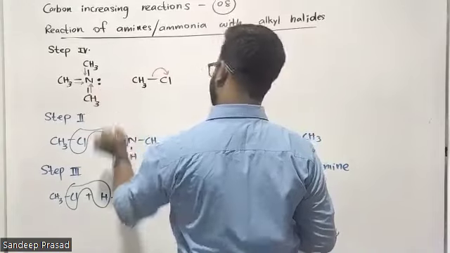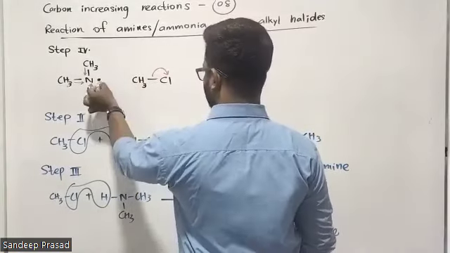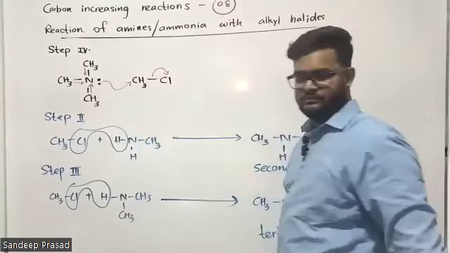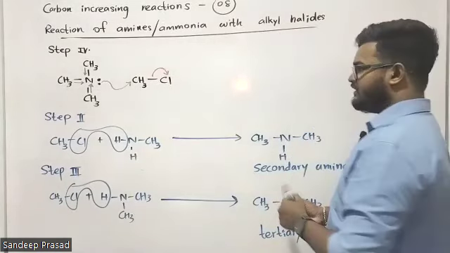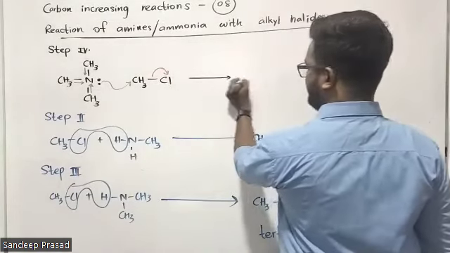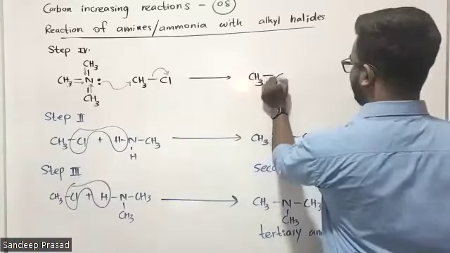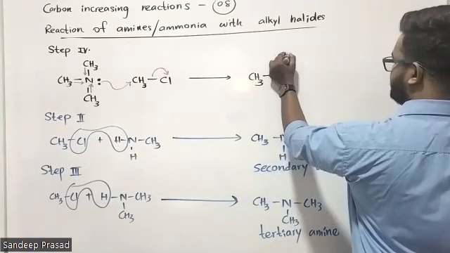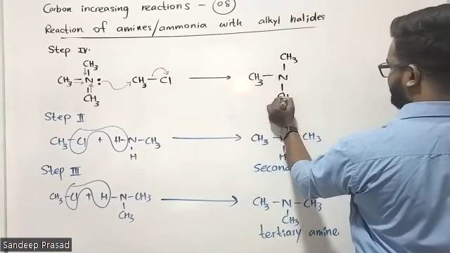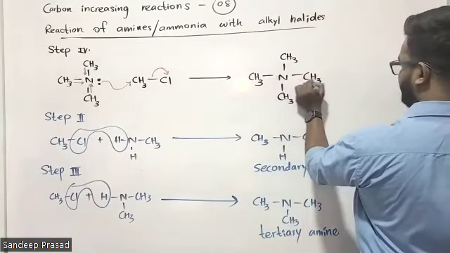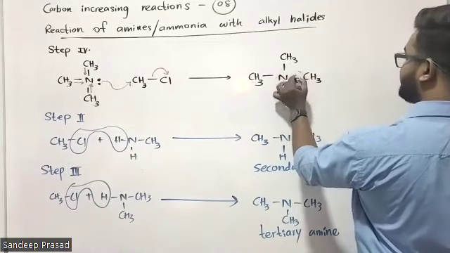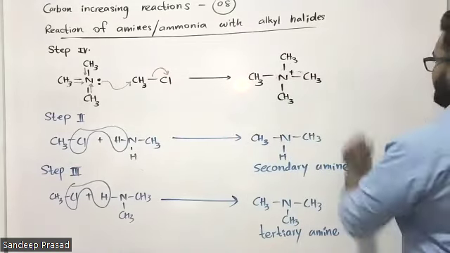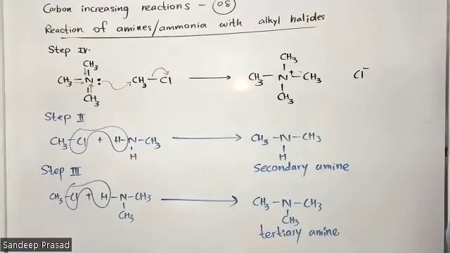This carbocation, the positively charged, electron-deficient group, is taken by this nitrogen lone pair. Then we have a compound like this: CH3, N, CH3, CH3, CH3. Nitrogen is positively charged and Cl minus is there.